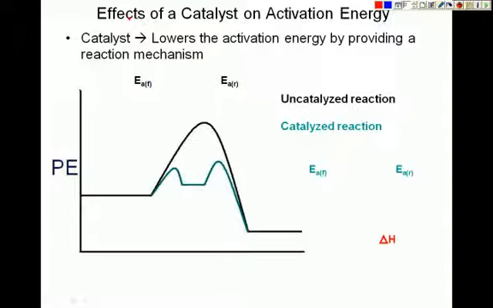Now we're going to look at the effects of a catalyst on activation energy. As we remember, a catalyst lowers the activation energy by providing a different reaction mechanism. So here is an example of a reaction, and here is the amount of energy required for the reaction if it's uncatalyzed.